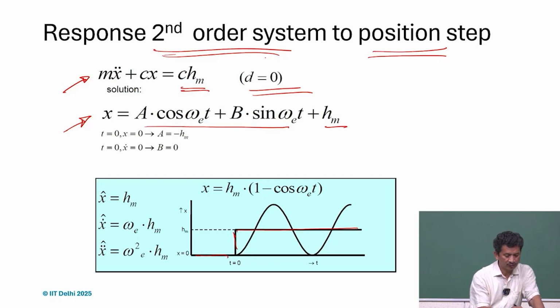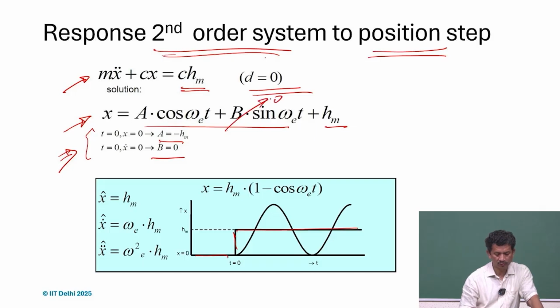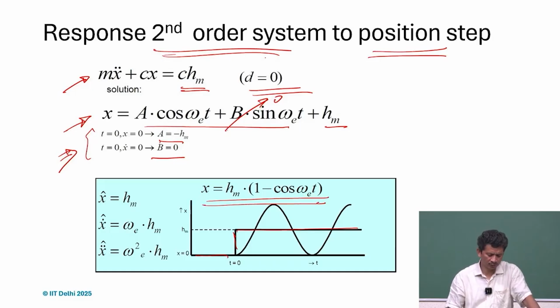So if we just put the boundary conditions, what we realize is that A is minus hm and B is 0. So this term is 0. So we will be left with x of t written as hm times 1 minus cos omega t. So what we observe is that if there is no damping and only a spring mass system, it will oscillate.